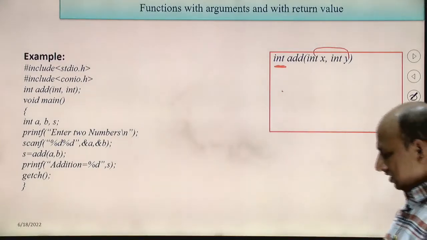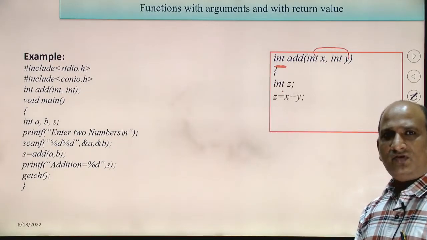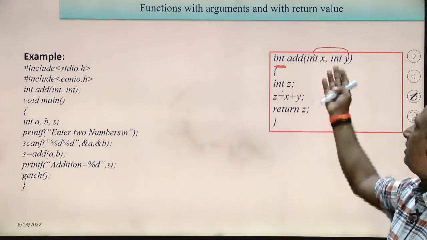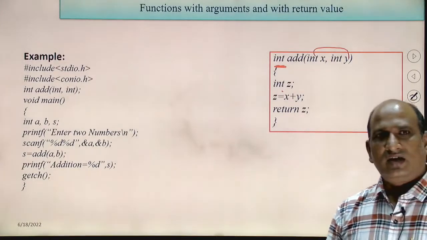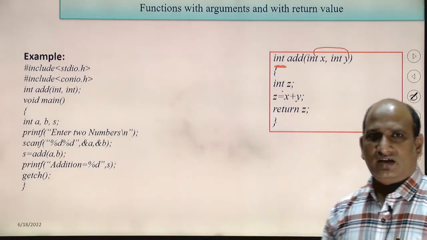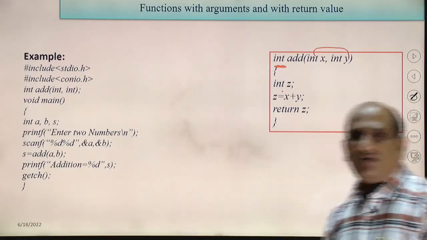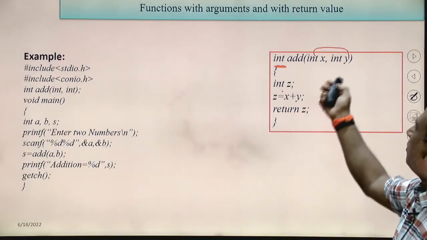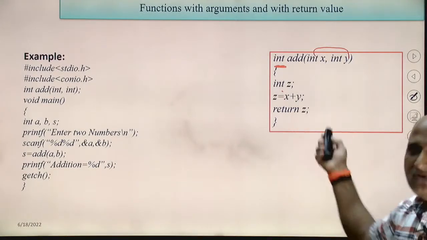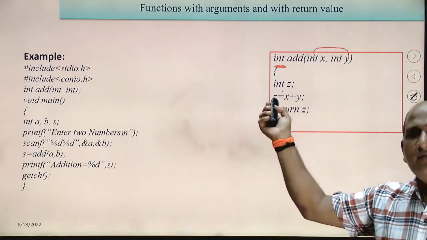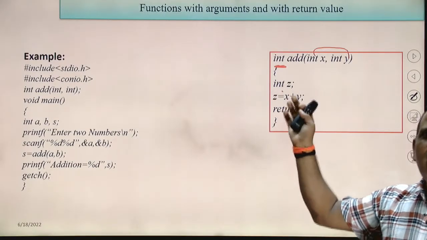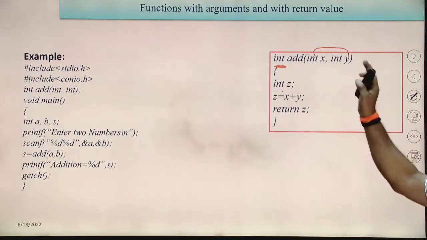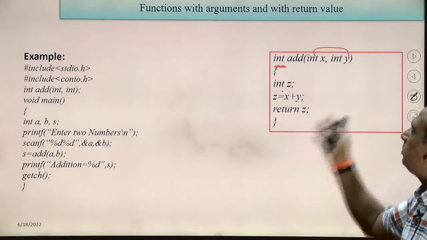This type of user defined function just adds the parameters passed, and the result is returned. Whoever calls this function will pass the parameters, and those will be assigned to the formal parameters.